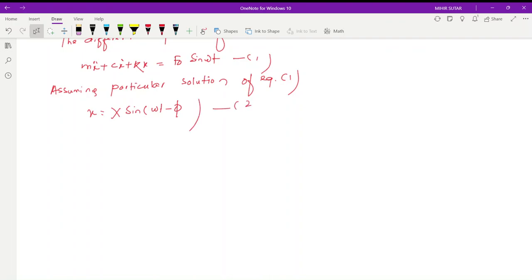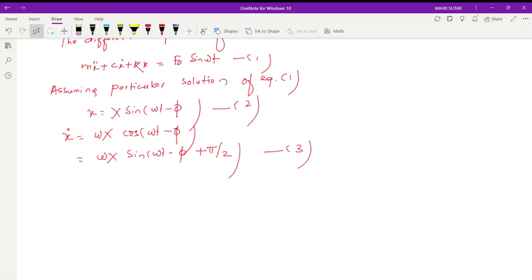Let's say this is equation 2. We'll have x dot as omega X cos omega t minus phi, or you can say this is omega X sine omega t minus phi plus pi by 2. Okay. Let's say this is equation 3.